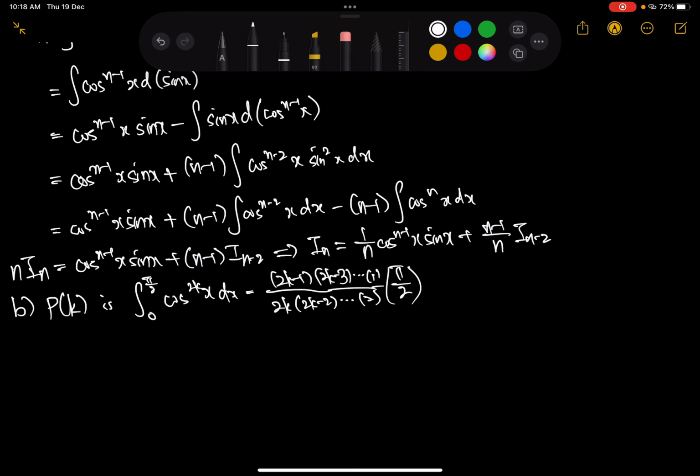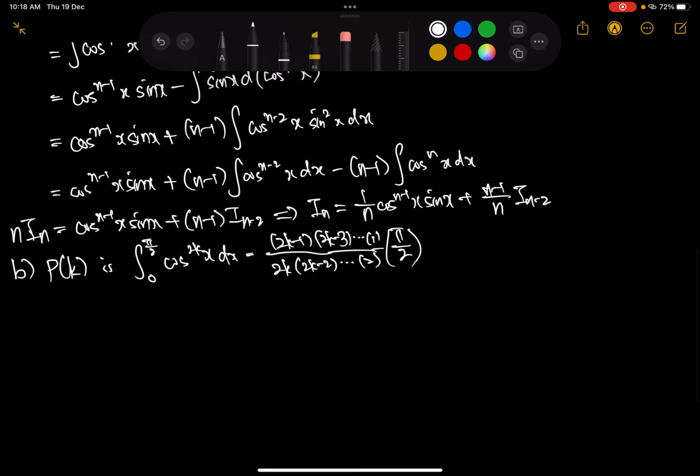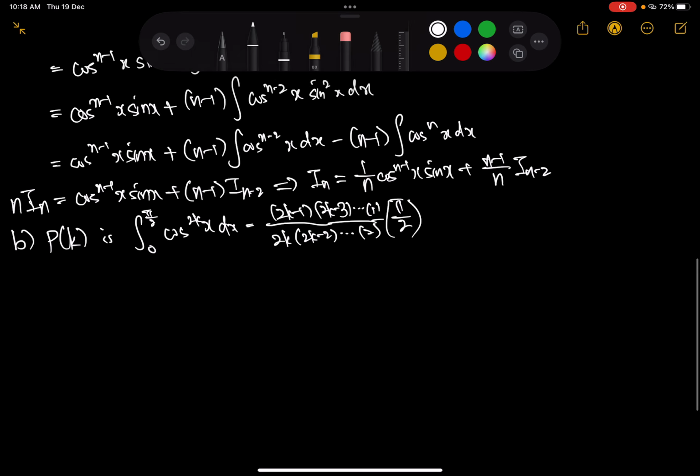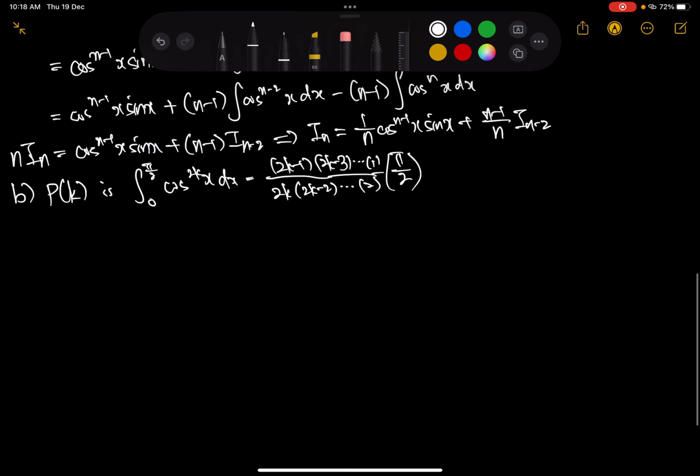And then pi over 2 we have, so let's just do, obviously you have to write down where n is equal to 2k, but we don't really need that. All we need is to have that at the end.